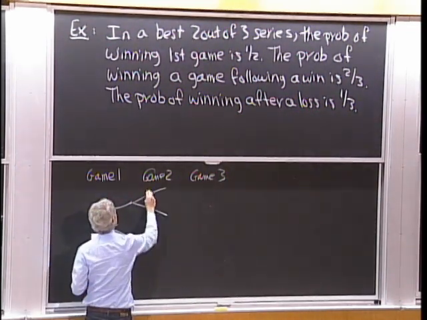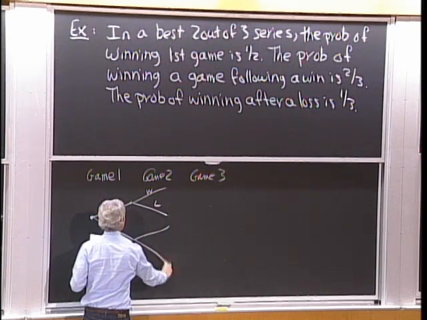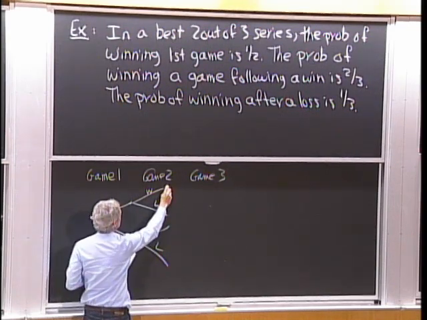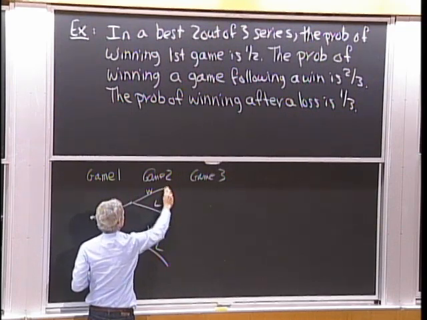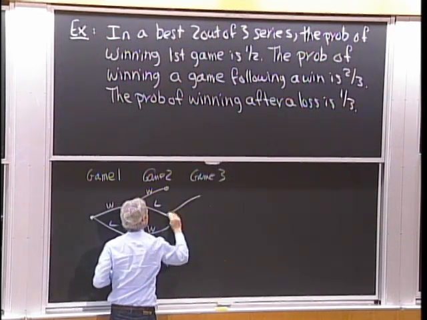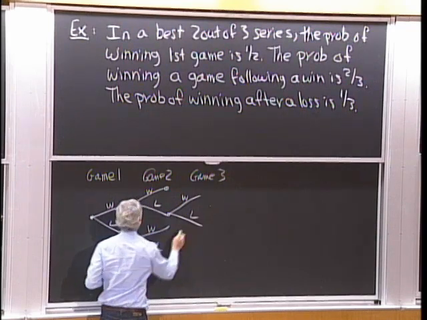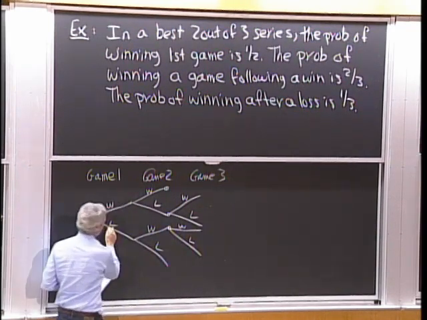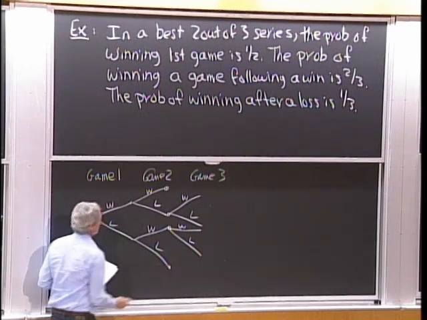Game 2 you can win or lose. And now game 3, well, it doesn't even take place here. But it does here. You could win or lose here. And you could win or lose here. And here the series is over. So there is no game 3 in that case.